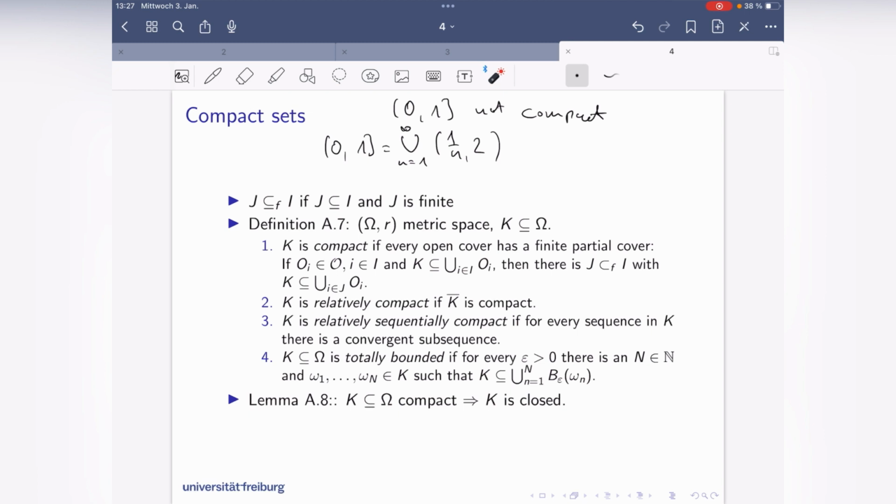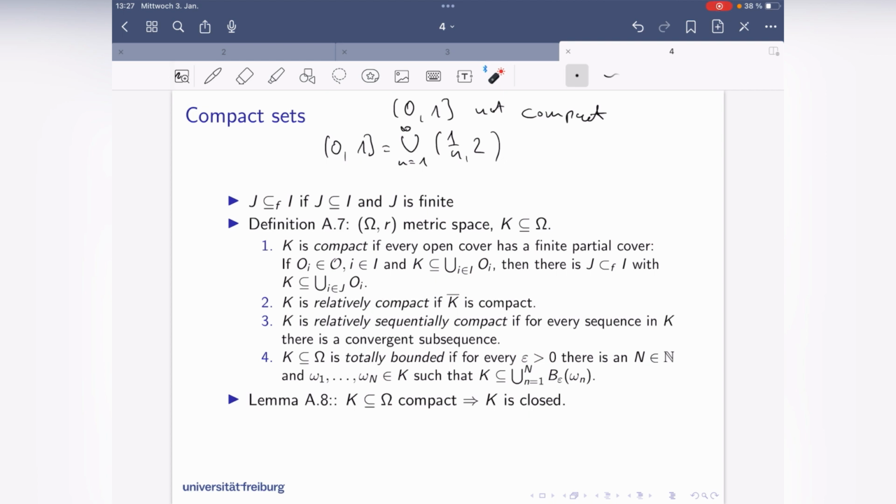If you include 0, it's compact because then this does not hold. It also does not hold if I make square brackets here, and then it's compact. You can think about yourself why that's compact then. So that's the definition.